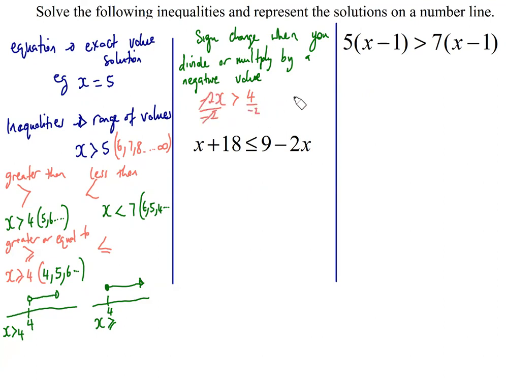Now, if you divide by negative 2, you are canceling here, then here you get negative 2. So your final answer will be x less than negative 2.